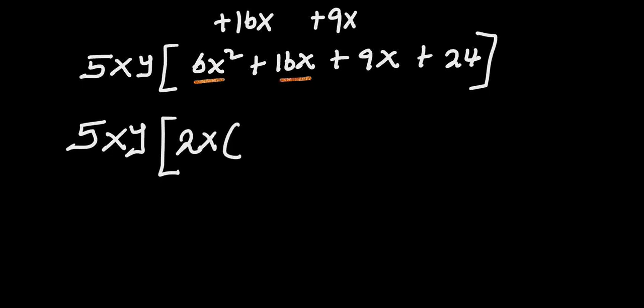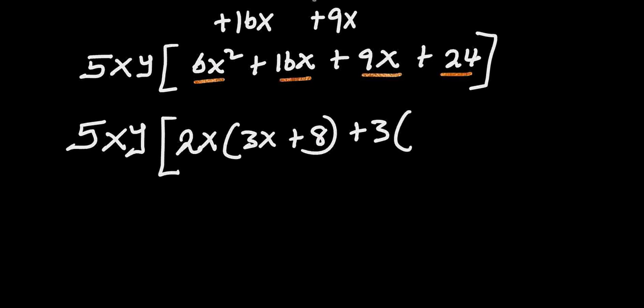Then open parenthesis. 6x squared divided by 2x, that will be 3x. And 16x divided by 2x, that will be 8. Good. Let's also find the GCF of plus 9x and 24. And that would be 3. So plus 3. Let's open the parenthesis. 9x divided by 3, that will be 3x. And 24 divided by 3, that is 8.